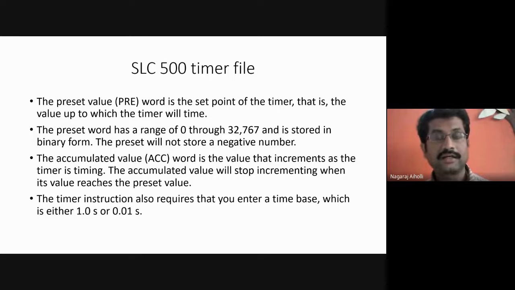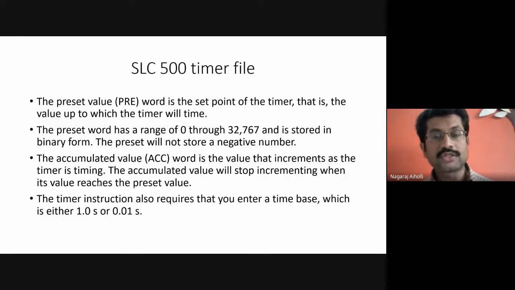Please make a clear difference between the accumulated value and the time base value. The accumulated value is the value it is incrementing in the timer direction. And the interval of time for every increment, say after 1 second or 0.1 seconds, is called the time base. The two should be very clear here: one is the accumulated value and the other is the time base.